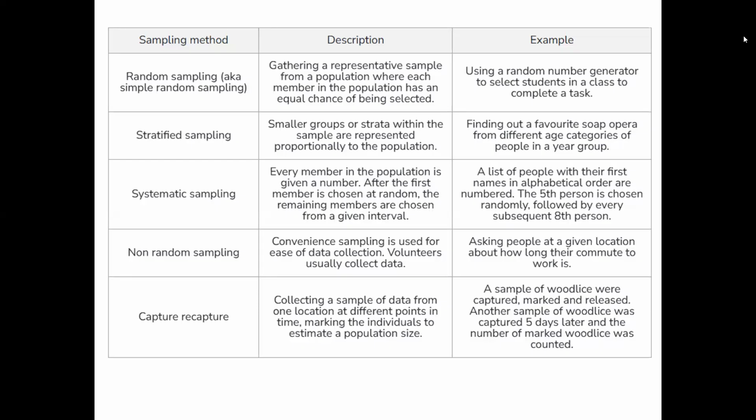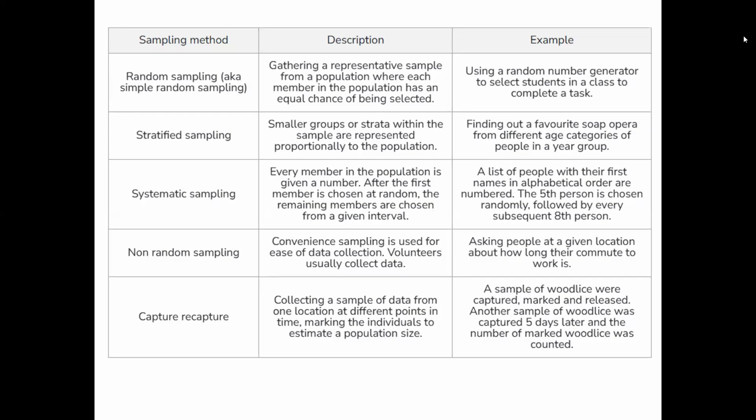That's called simple random sampling. In stratified sampling, smaller groups within the sample are represented proportionally to the population, for example finding out a favorite soap opera from different age categories of people in every group. So you have to take it proportional to the population. That is called stratified sampling.